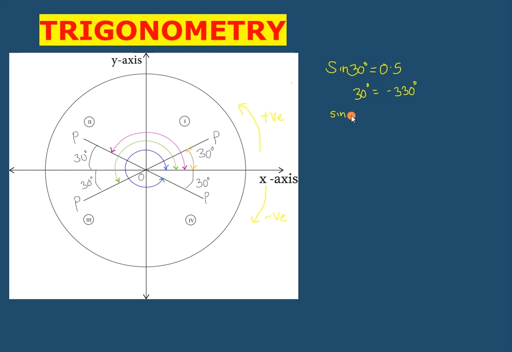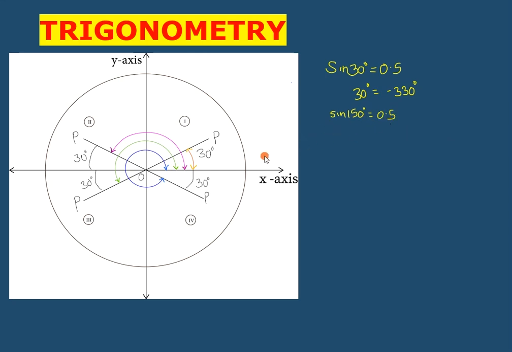I have labeled some angles here. This one is orange. I have a purple angle from here to that point. That angle is 150. Its sine is 0.5.